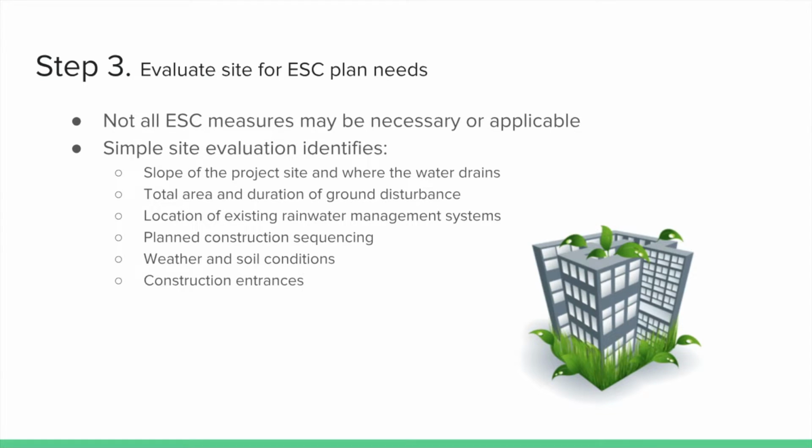The location of existing rainwater management systems has to be protected during the entire construction. Planned construction sequencing may require additional ESC measures over time later on. And then weather and soil conditions that could cause rainwater runoff or generate dust. And then construction entrances and their erosion and sediment effects on local roads that will be near the project site.